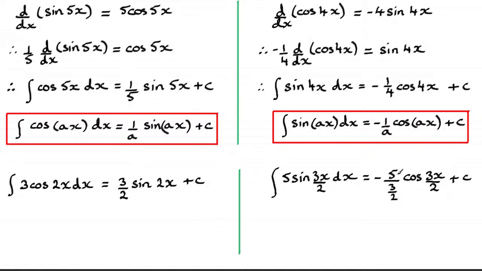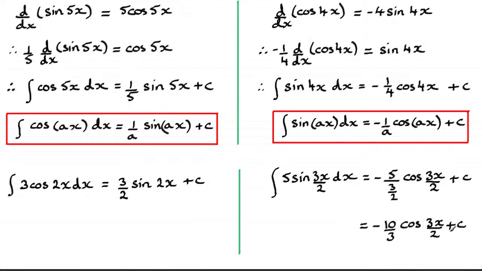Yes, it's that, but technically we're multiplying top and bottom by 2. That will give us minus 10 on the top, and when you times 3 over 2 by 2, you just get 3. So when it's simplified, well done to all of you out there who got minus 10 over 3 cosine of 3x over 2 plus that constant of integration c.